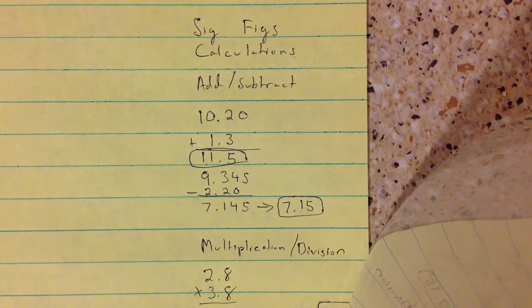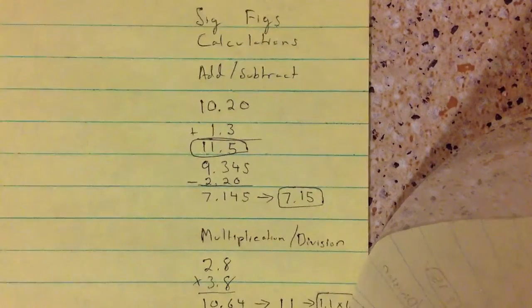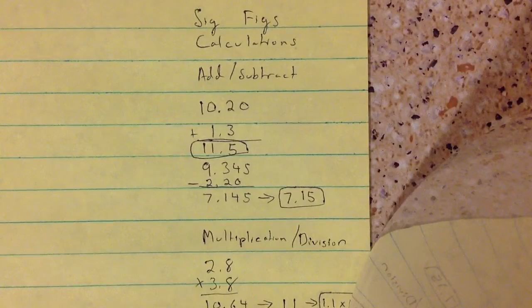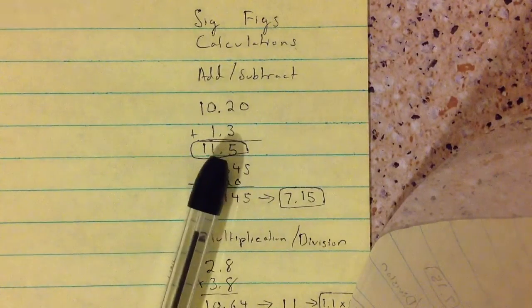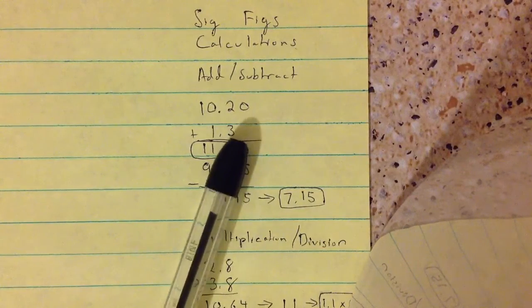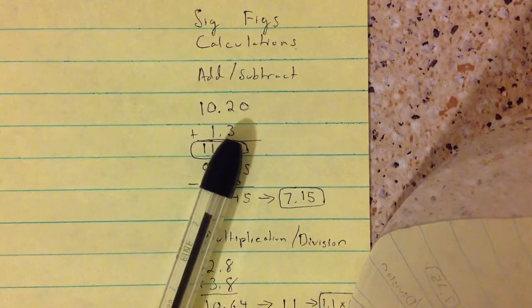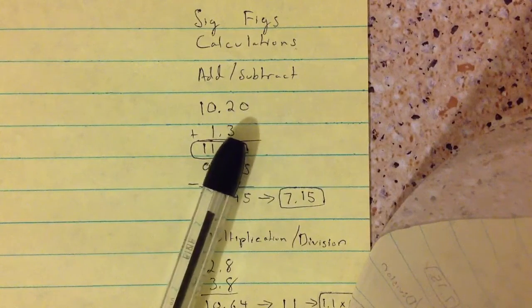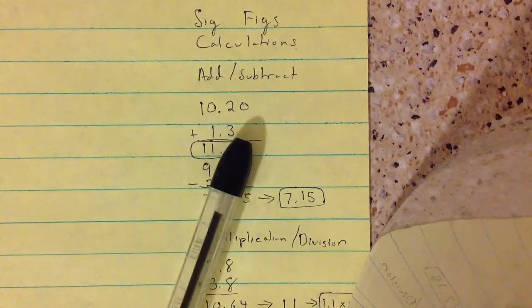All right. So what happens is for addition or subtraction, you use the least amount of decimal points. So for this one, 1.3 only has one decimal point, there's only one number to the right of the decimal point.